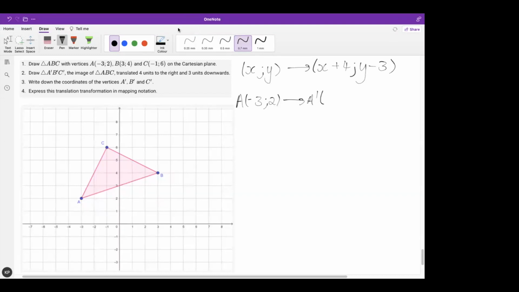So Long, tell me what the coordinates of A prime are. Okay. So we're going to have -3 plus 4, which is 1.